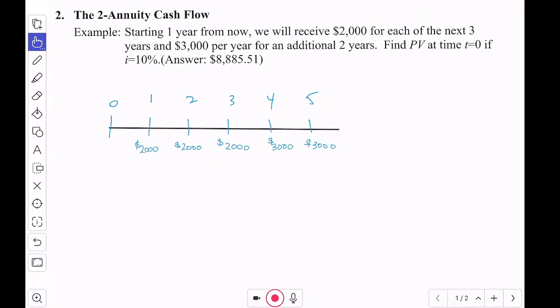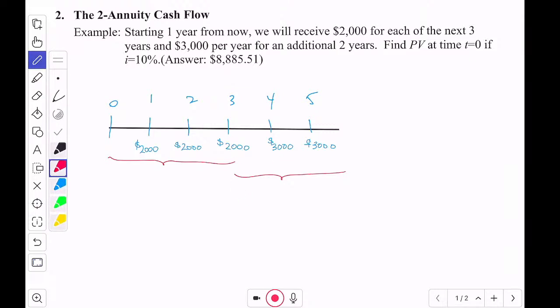So I want to solve this with annuities. And what I have is one annuity here, and I have another annuity here. Now, why did I go one period before? Because remember, the formula gives us the valuation one period before the first amount.